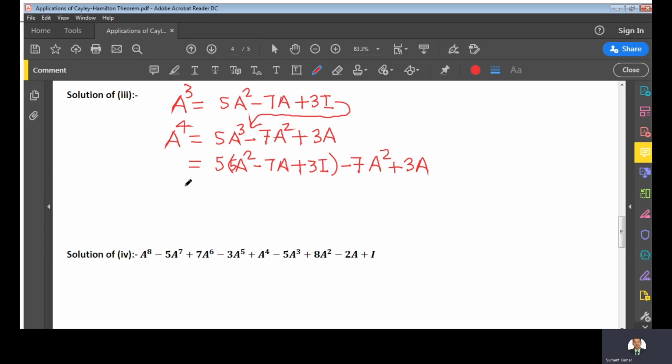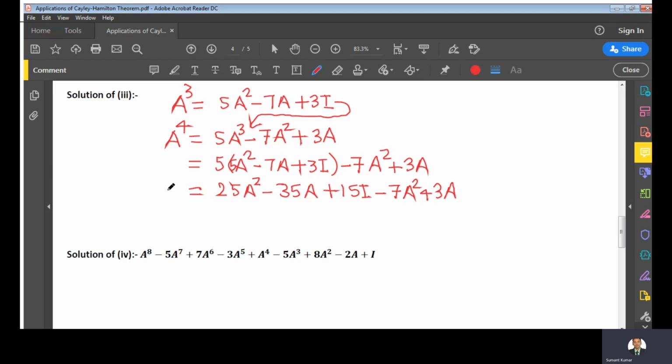So what happened here? You will find 25A square here and minus 35 times A and plus 15i, and the same expression we will write here as it is. Correct?